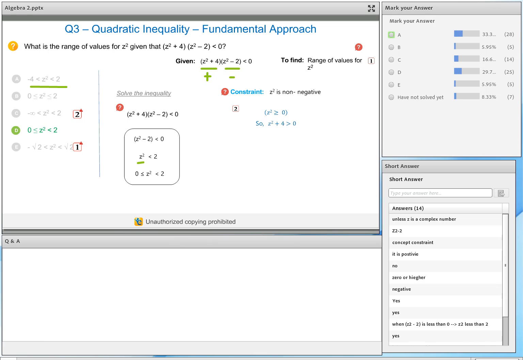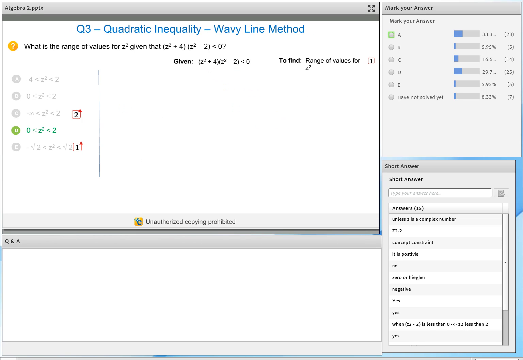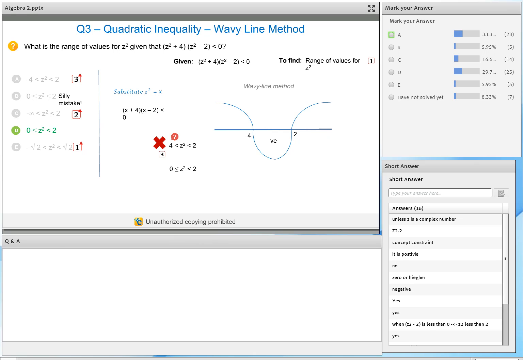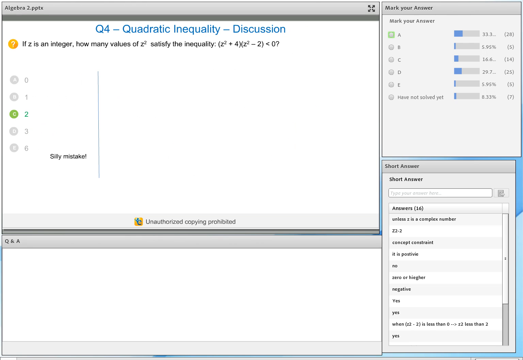Yes, on the GMAT, you are only tested on real numbers, not complex numbers. So that's the mistake you made. If I were to apply the wavy line method, I'll apply it in this manner, but once you go through the wavy line method concept, you can figure that out.